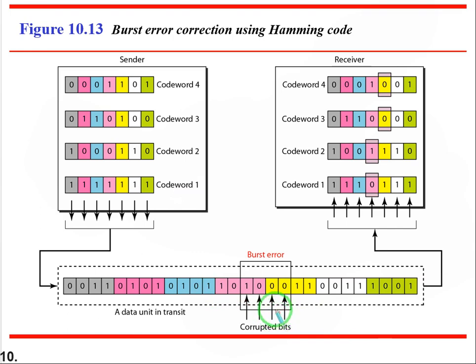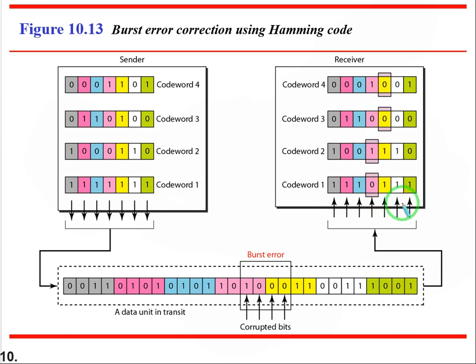So through the transmission medium, how many bits are going to be corrupted now? 1, 2, 3, 4. So 4 bits are going to be corrupted. It means this is a burst error now. This is more than one bit error, so this is a burst error. This data is going to be received at the receiver end, again column-wise.